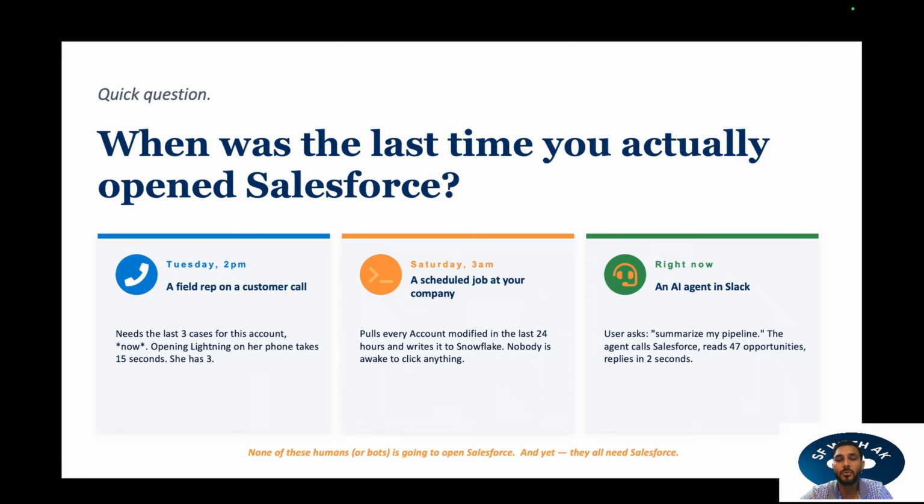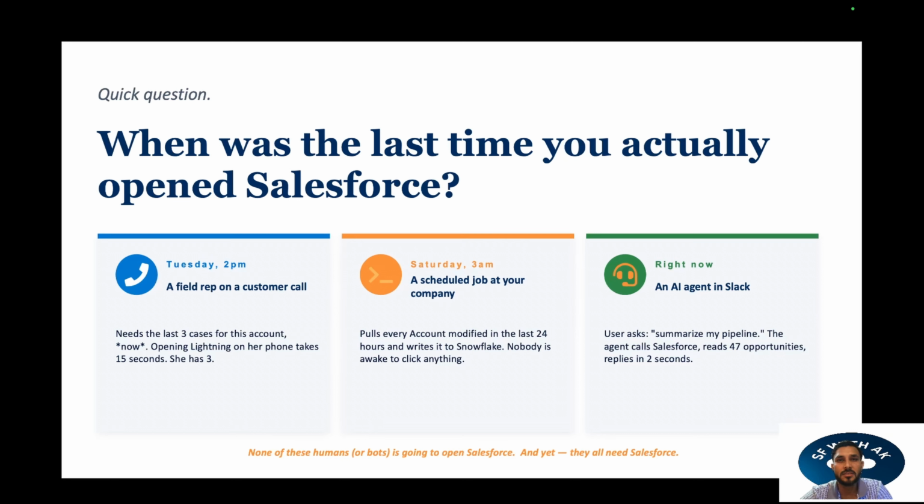Let's look at a few more situations where the same thing happens, because that rep isn't alone. Think about a scheduled job that runs at 3 a.m. every Saturday, pulling every account modified in the last 24 hours and writing it to Snowflake. Nobody is awake to click anything. Nobody should be. Or think about an AI agent sitting in Slack.